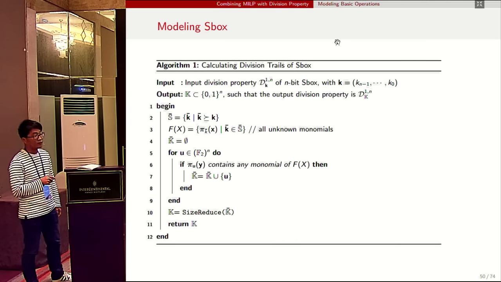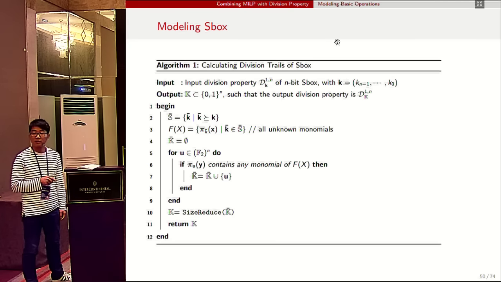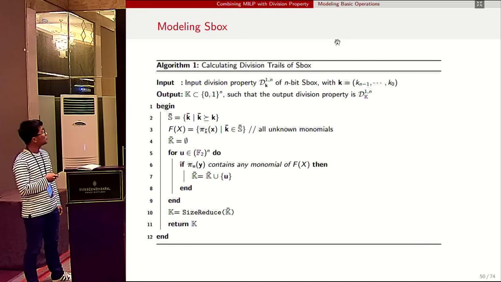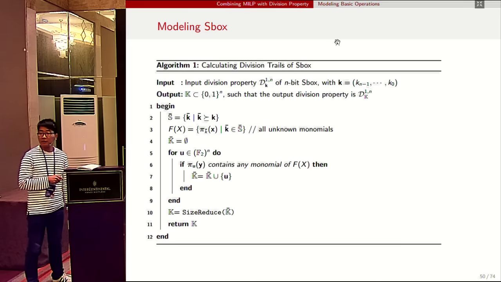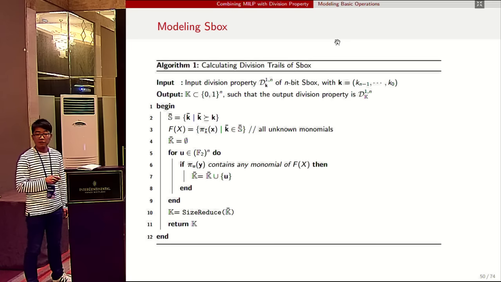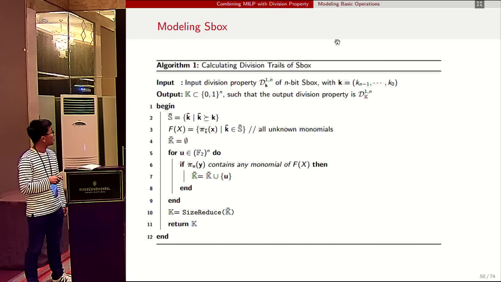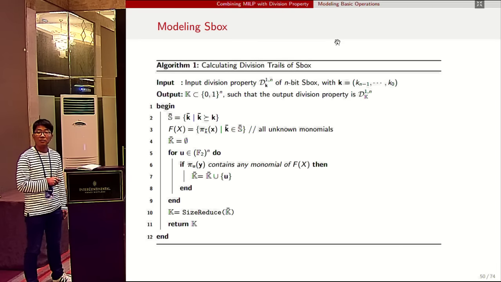According to the definition of division property, fx denotes all the unknown monomials. For all u belonging to F2 to the power of n, we compute pi u of y and check if this Boolean function contains any monomial of fx. If so, the sum of pi u of y is unknown, and in this situation, we add u to K bar. At last, we run a size-reduced procedure on K bar to return k as the output.